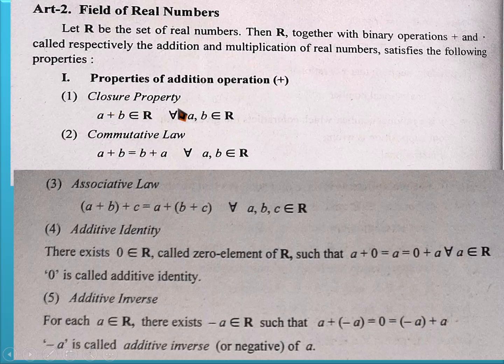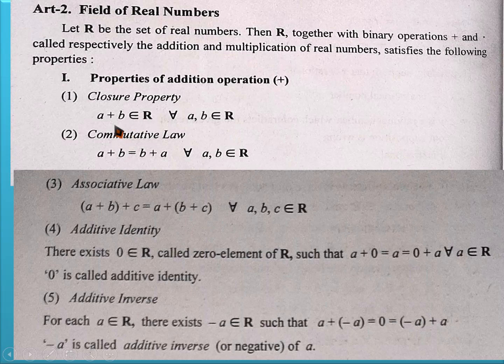The meaning of this property is if we choose any two real numbers a and b, then on adding we get a unique real number from R, and that unique real number is a plus b. Meaning, if we choose any two real numbers from R, then their addition is also a unique element of R.